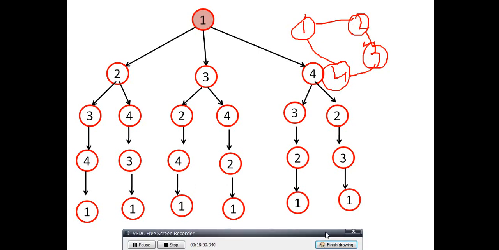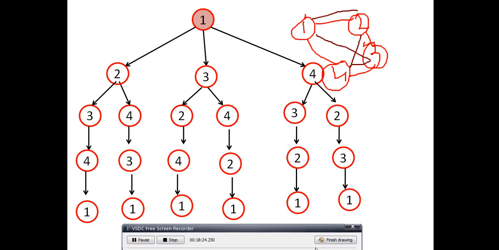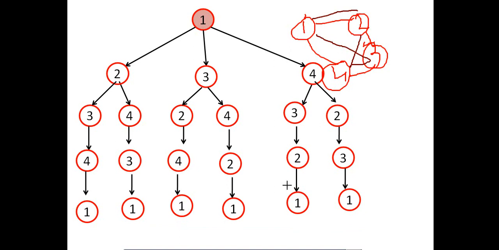And come back to this one: 1 to 2, 2 to 4, 4 to 3, 3 to 1. This is the second path.